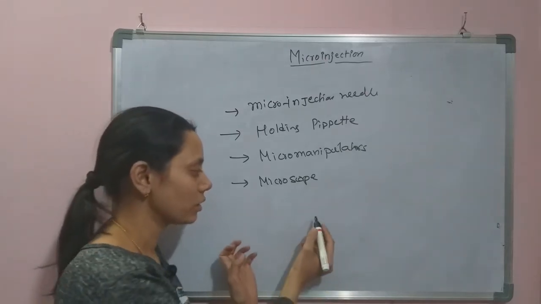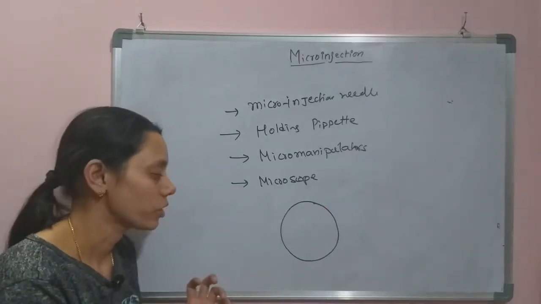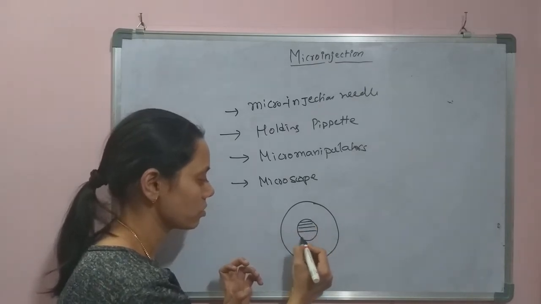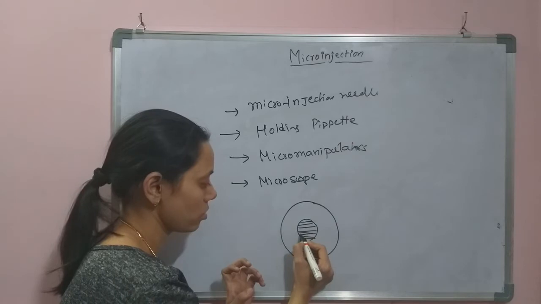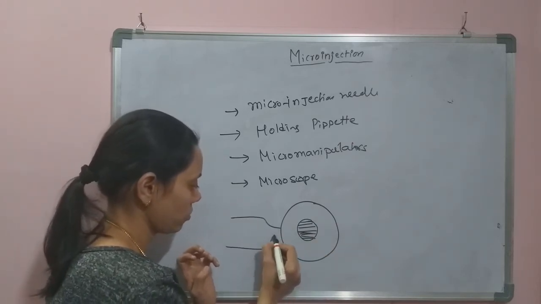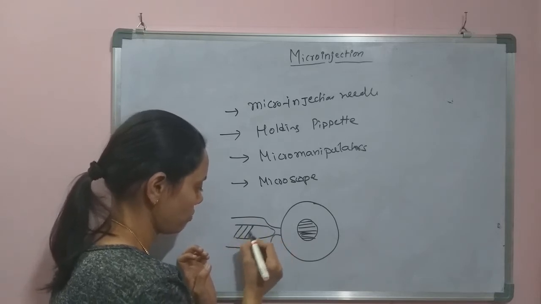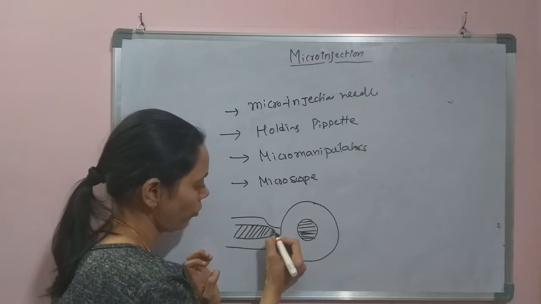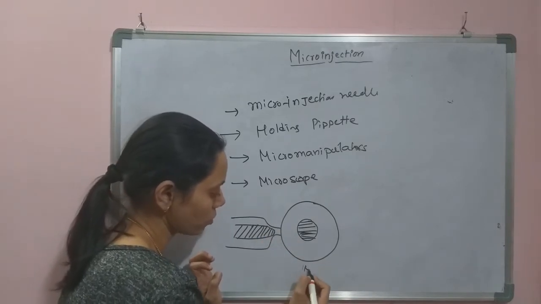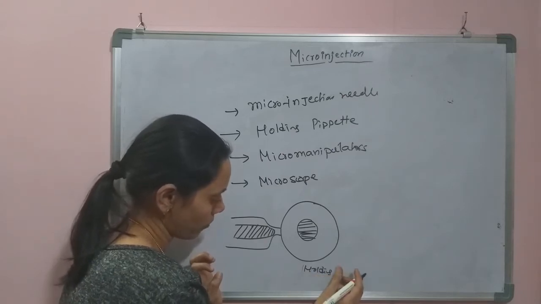So basically, there will be a cell that is going to be transformed, inside which there is a nucleus, and the holding pipette is generally used to hold the host cell in position.